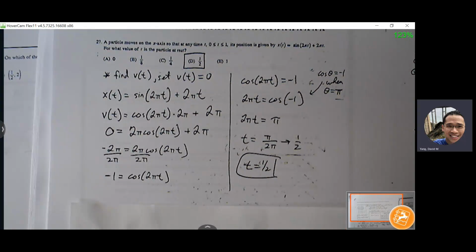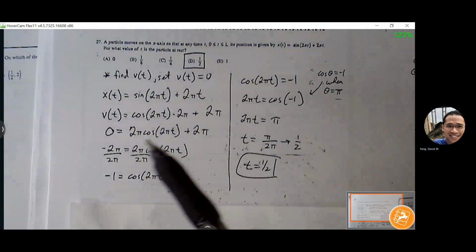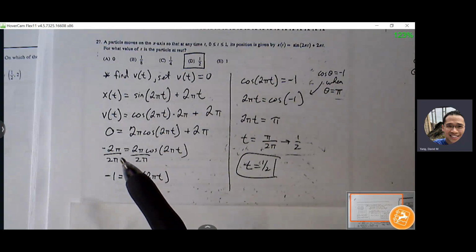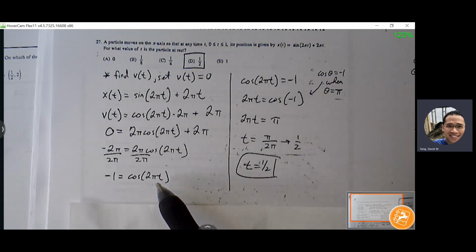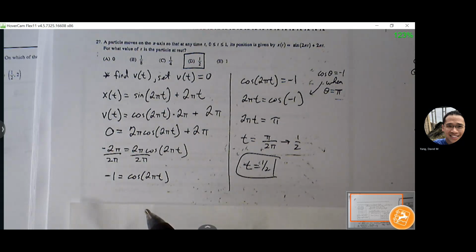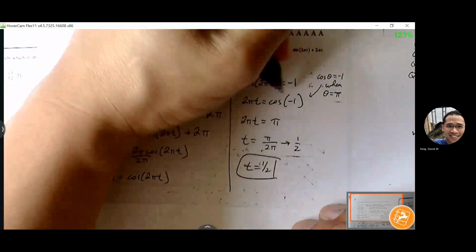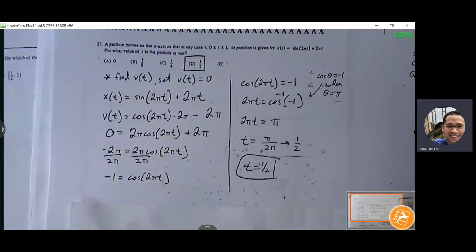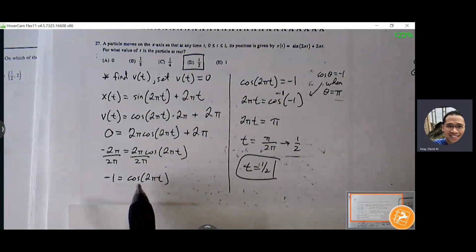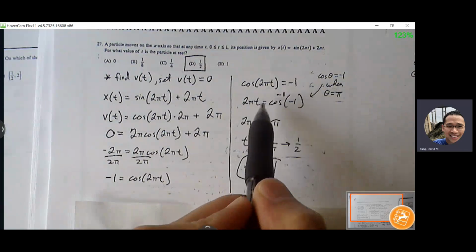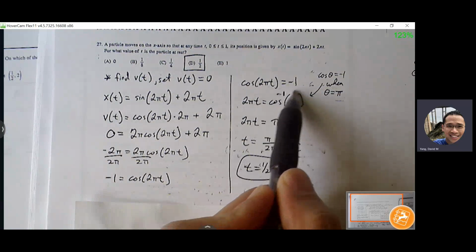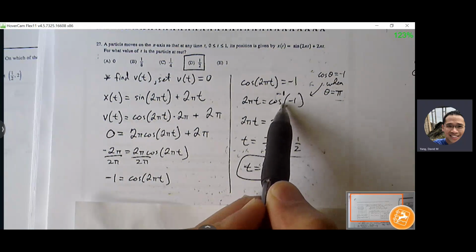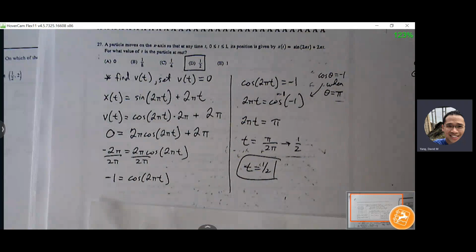If I try to solve for t, I can subtract 2 pi from both sides. Divide both sides by 2 pi, I get -1. So I'm sitting at this point here. I can use inverse cosine to help me solve for t here. So I'm going to move this cosine over to the other side. So 2 pi t equals inverse cosine of -1, basically asking when is cosine equal to -1.